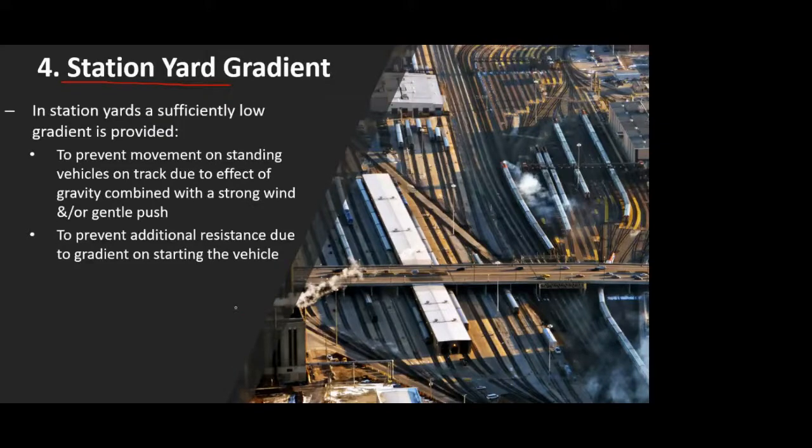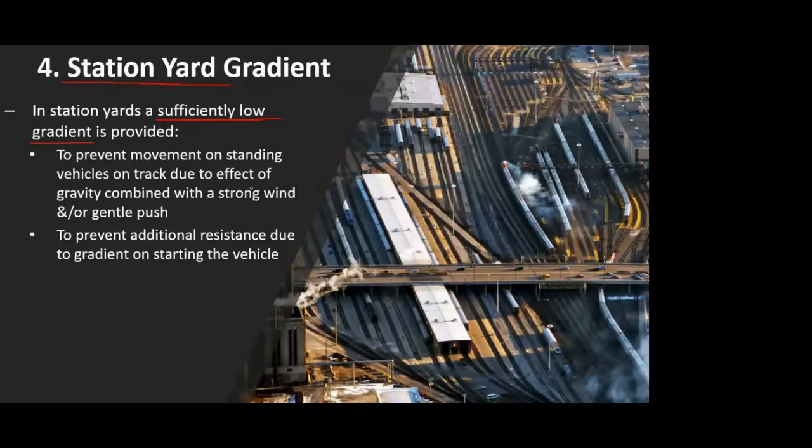Okay, so one of the reasons is mainly drainage, but if we are providing a gradient, we should be careful that it should be a low gradient. It should not be a steeper gradient. Now, why am I saying that it should be low? Because of two reasons. Your train is simply parked over there.